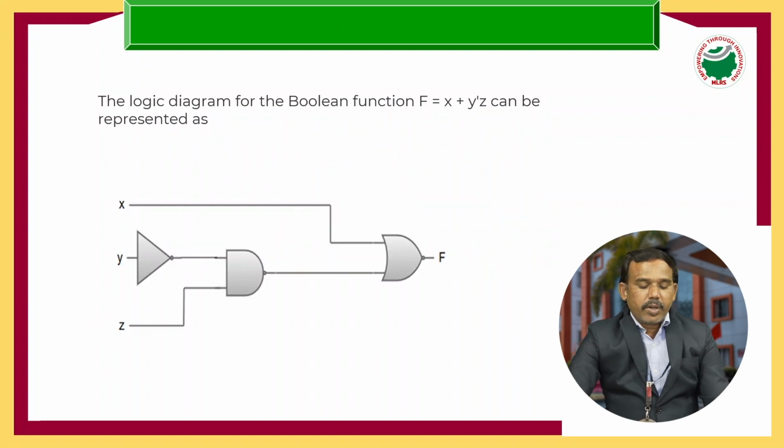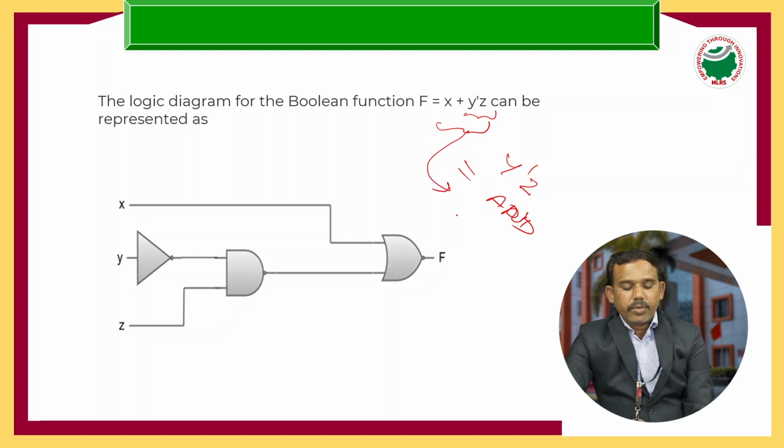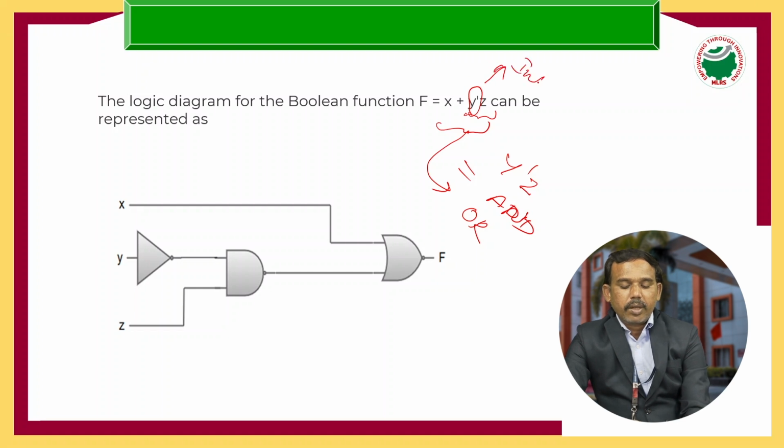The logic diagram for the Boolean function f equal to x plus y complement z can be represented as follows. Here we can use the AND gate for y complement and z, and for the remaining operation we can use an OR gate, and for the complement we can use an inverter.